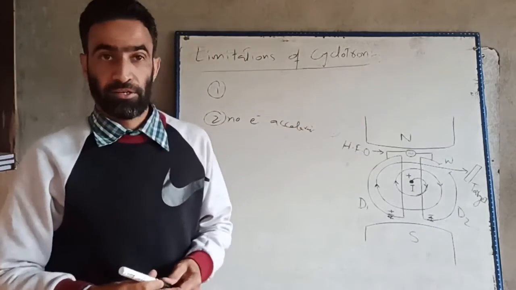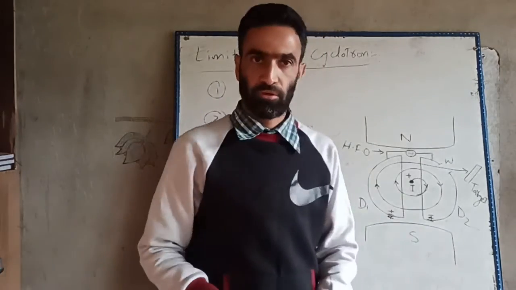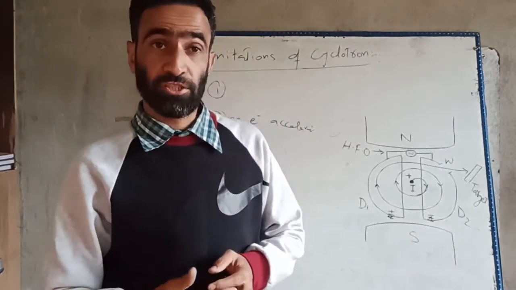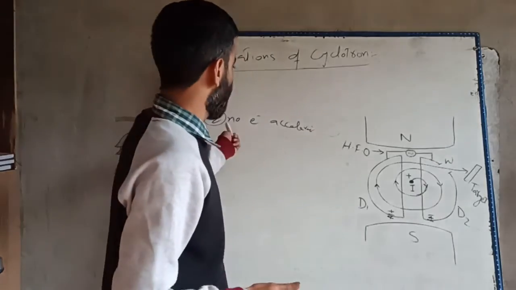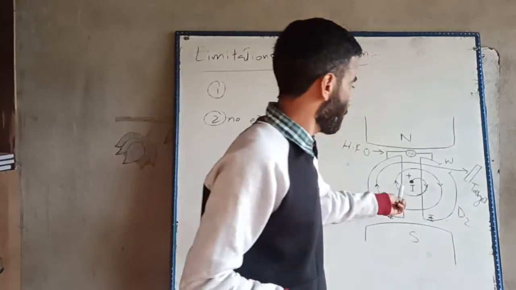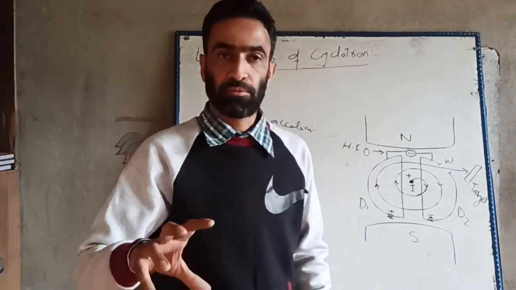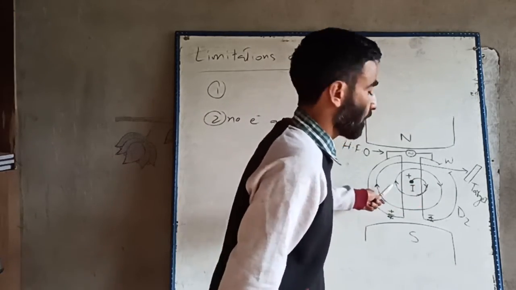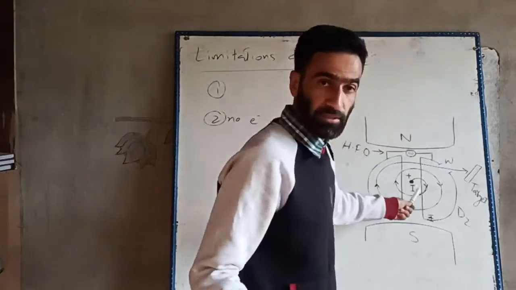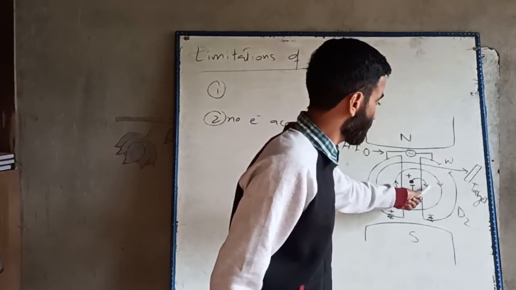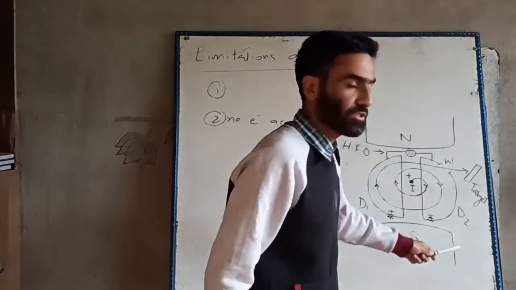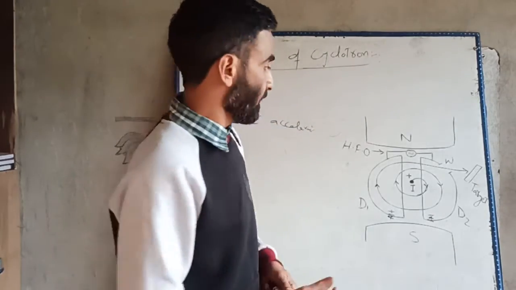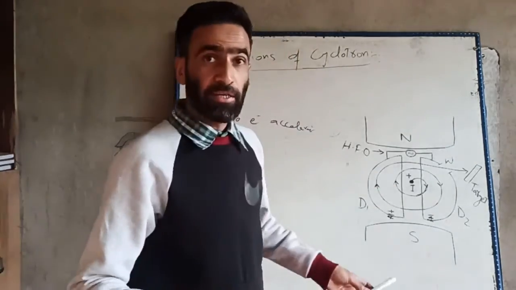Why can it not accelerate the electron? When it accelerates the proton and deuteron, why not the electron? Because that is also a charged particle. It is simple: the electron is very light, so it can go out of step. Out of step means before the time it can come out of the D. Let us suppose the time for which the charged particle was to remain in the first D, let us say D2, was 10 power minus 3 seconds, for example. But this electron is so light, it will move earlier.